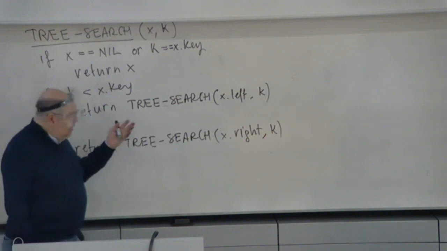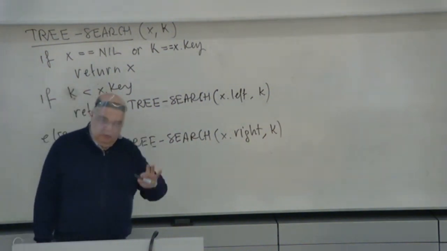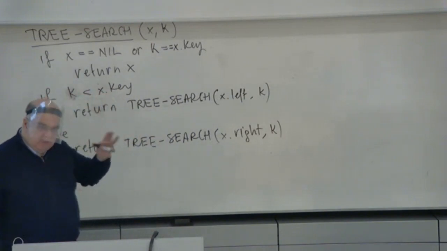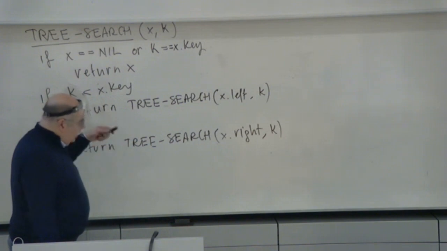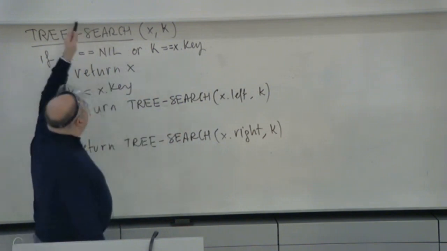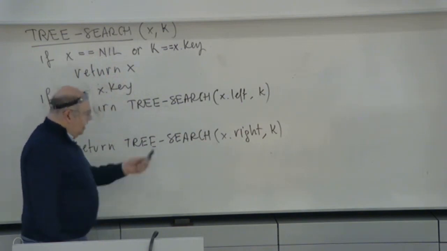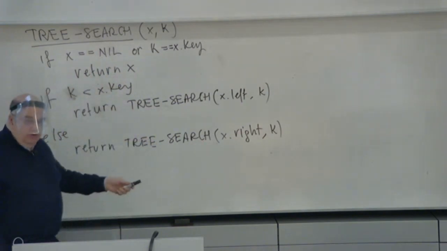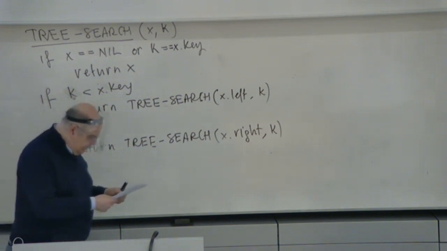The hidden assumption here is that we don't have equal keys along the tree, so there are no duplicates. It goes down following the appropriate subtree, and at some point you either find the number you are looking for or you don't.